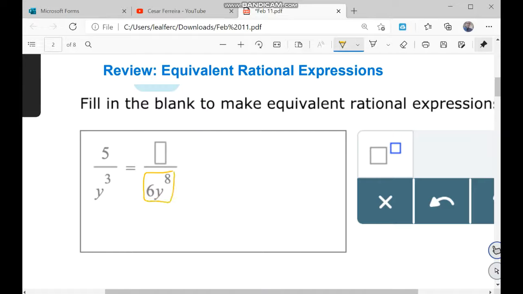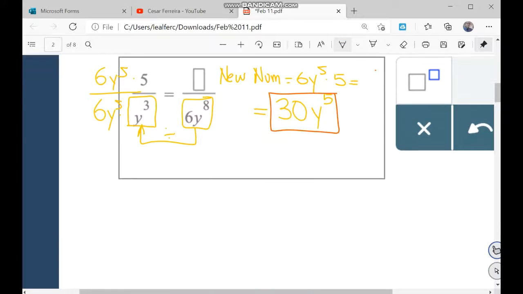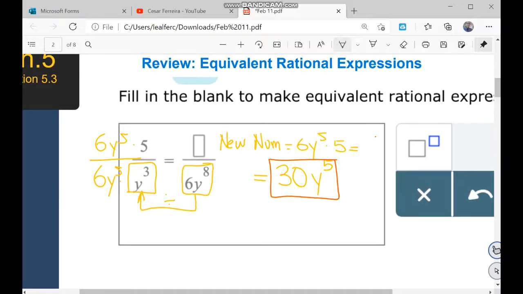This is the starting point, the new denominator, and we want to find the new numerator. What should we do? Type on the chat. Tell me. So this is the step by step. You're going to divide the new denominator by the old one, and multiply the result by the old numerator to find the new numerator.